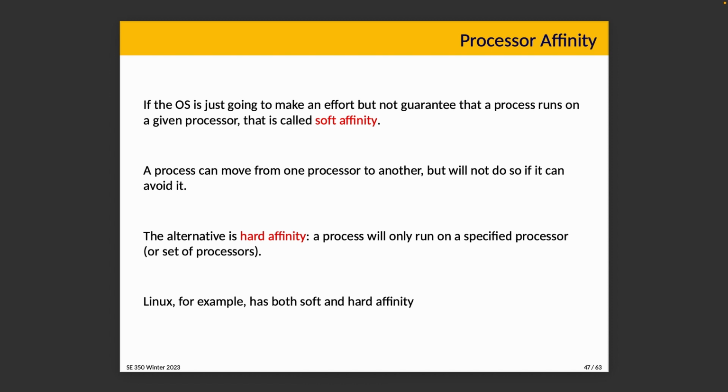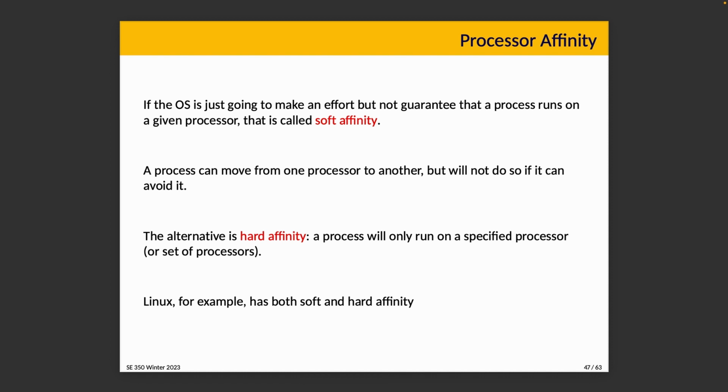Okay. The alternative, and Linux offers this as well, is hard affinity, where we can specify that a process will only run on a processor or group of processors. It is an option. It is something that is configurable, and as a user you can set this kind of thing if you insist.